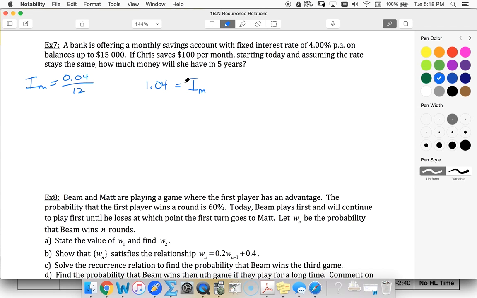So the monthly interest rate would get raised to the 12th power because we've compounded it 12 times, and overall we get 1.04. That would imply that the monthly interest rate is the 12th root of 1.04, or 1.04 to the 1/12.